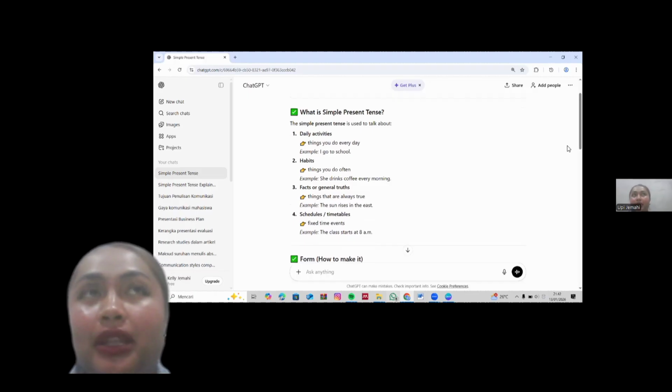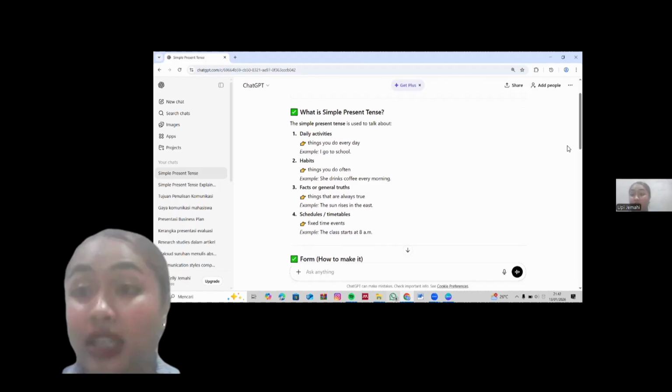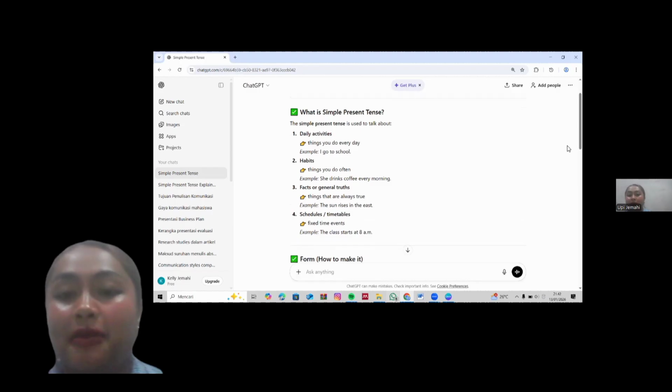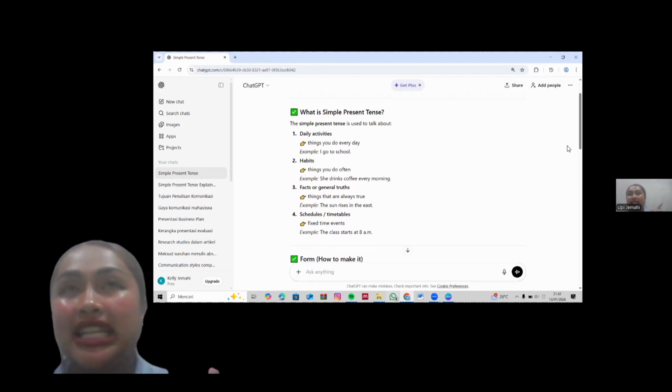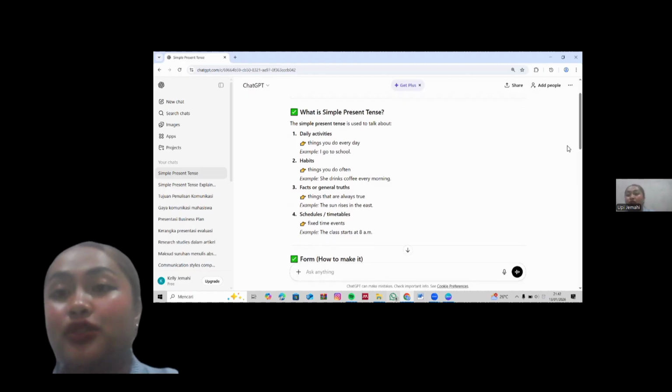You can see that, guys. ChatGPT gives me a clear explanation about the definition, the formula, and the examples of the simple present tense. The explanation is easy to understand and suitable for students.